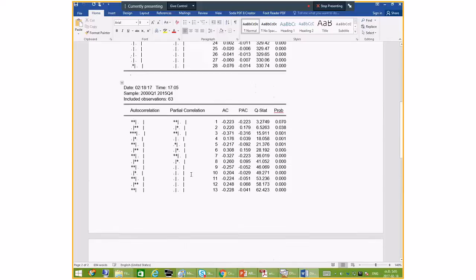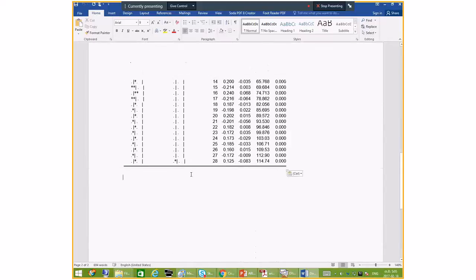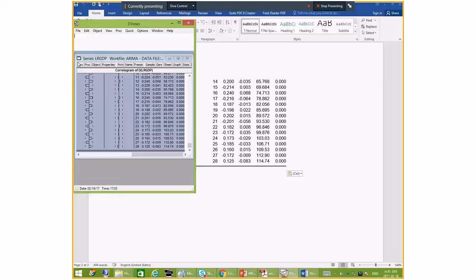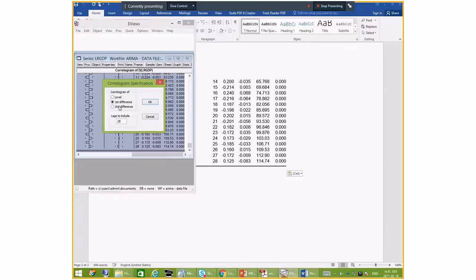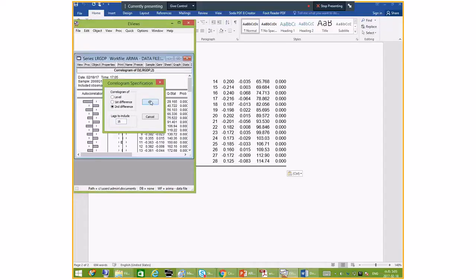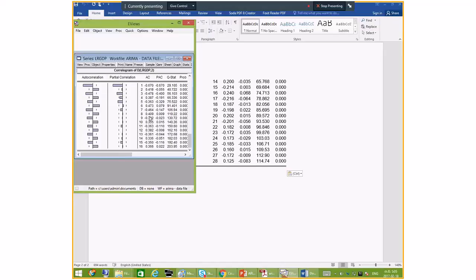It is also non-stationary. Then go for the second difference. It is also non-stationary. The same thing happened.